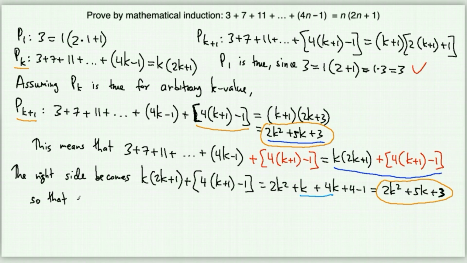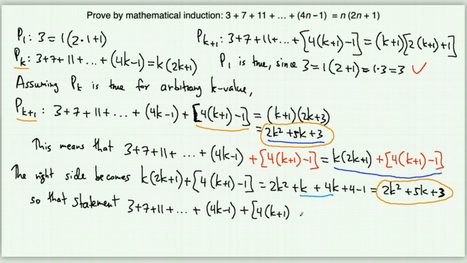And what this basically means is that this statement here, 3 plus 7 plus 11 plus all the way until 4k minus 1 plus 4 times k plus 1 minus 1, I'm just copying this left side of the statement, is equal to 2k squared plus 5k plus 3.